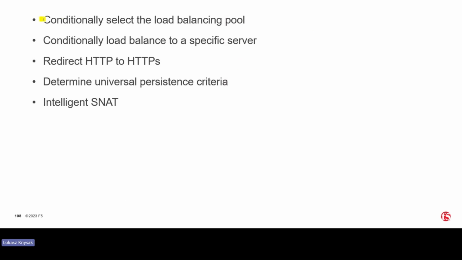Okay, so those are most common usages for your iRules. So conditionally selecting our applications in our backend, right? So we conditionally select different pools. And this is something I'm going to demo in just a second. Conditionally load balance to specific server, maybe redirect from HTTP to HTTPS. Yesterday we finished with SSL, right? So usually we want to publish the application which is encrypted, right?